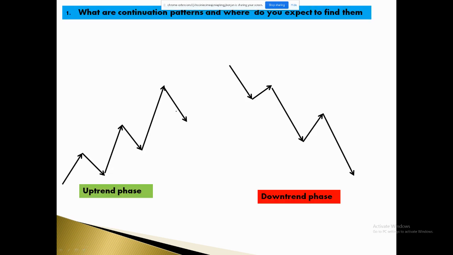So now, continuation patterns are patterns that tell you if price was going up, price will continue going up, or if price was going down, price will continue going down.